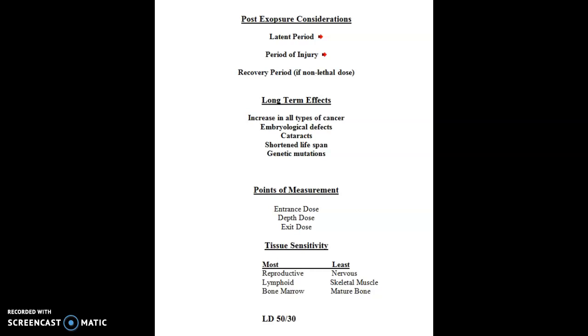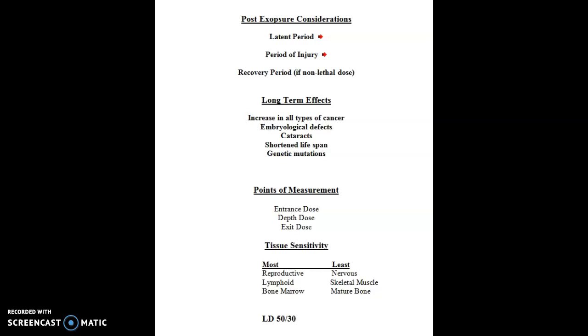So if you look at that list, your reproductive tissue is not very specialized. It's very generic because that's the blueprint of everything. And they reproduce very fast. So they get a double whammy on being very, very sensitive because they do reproduce very fast and they're not specialized.